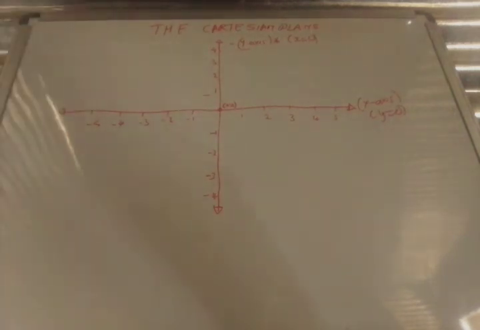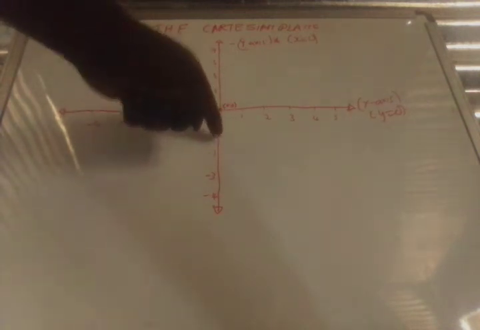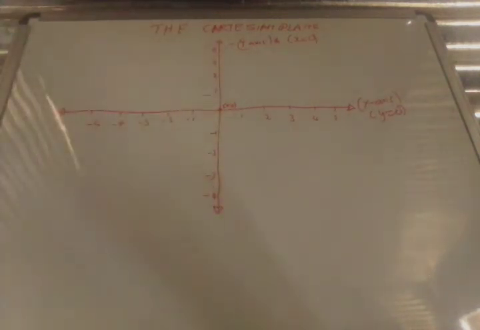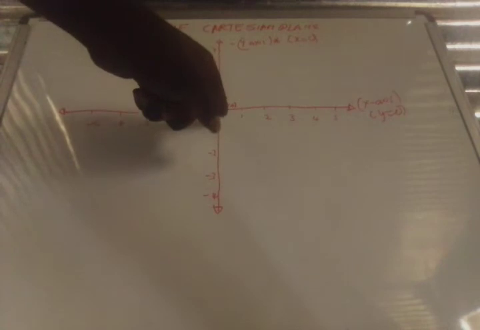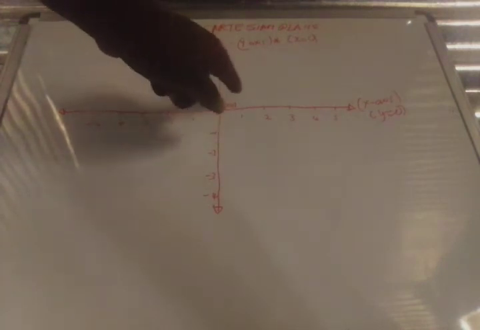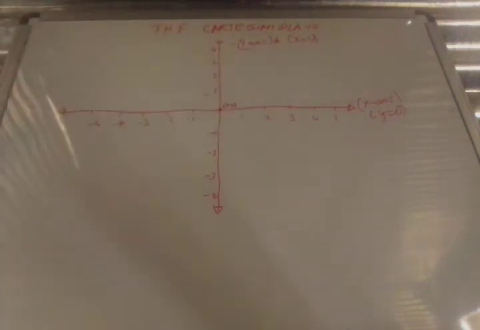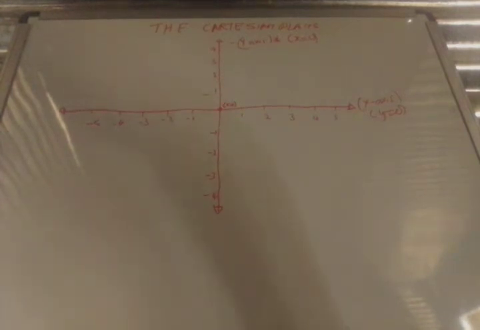Similarly, when you look at the y-axis, the value of y will change only when we go up or down. So if we move from the origin to 1, then we've only changed our y values, but the x value hasn't changed.